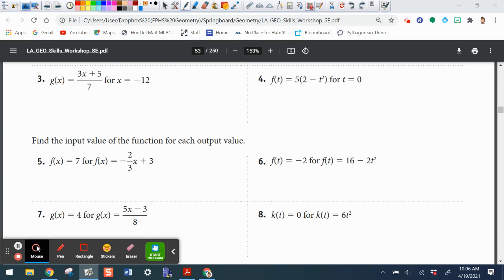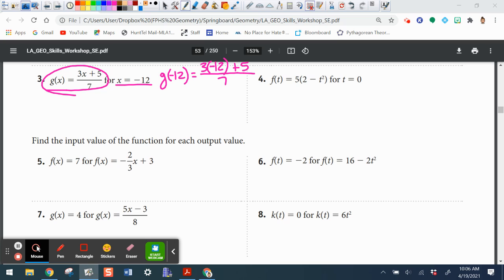Same thing, we have our function g of x equals 3x plus 5, all divided by 7, and our input is negative 12. Notice how I read that, all divided by 7. There's a reason I said it that way. So let's plug in negative 12 for x and then do order of operations.